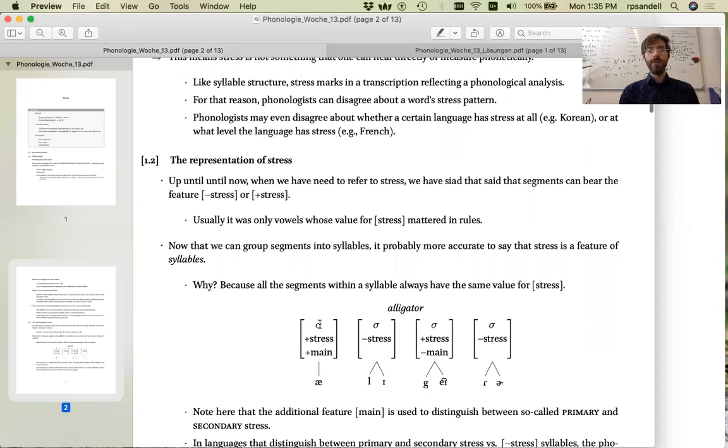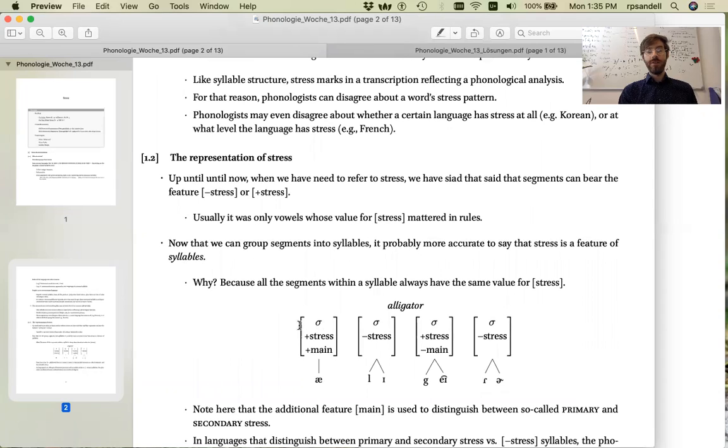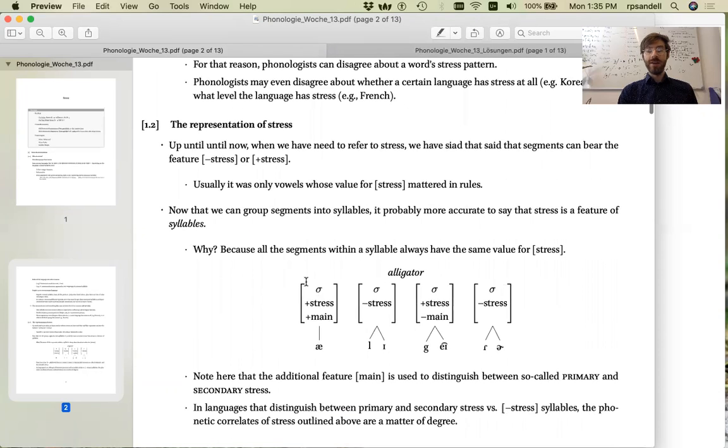And here I am employing two features, namely the feature plus stress and the feature main. So stress is used to contrast stressed syllables with unstressed syllables. So in this word of English, the general analysis that most phonologists would apply is that there are two stressed syllables, but there's a distinction between a so-called primary and a secondary stress.